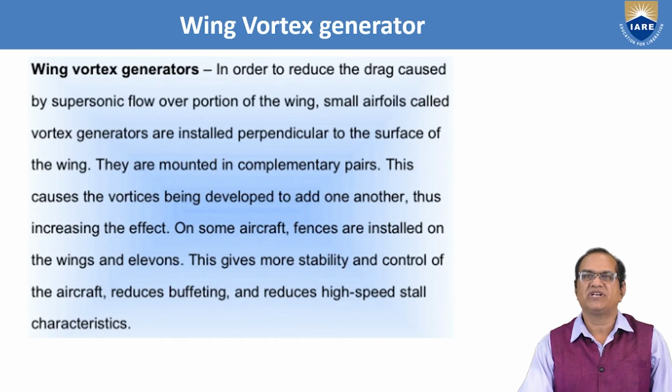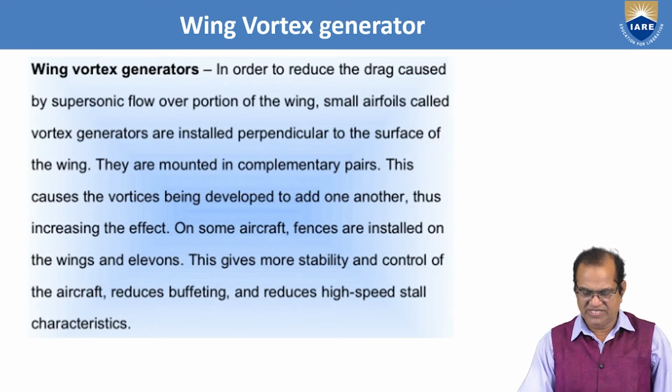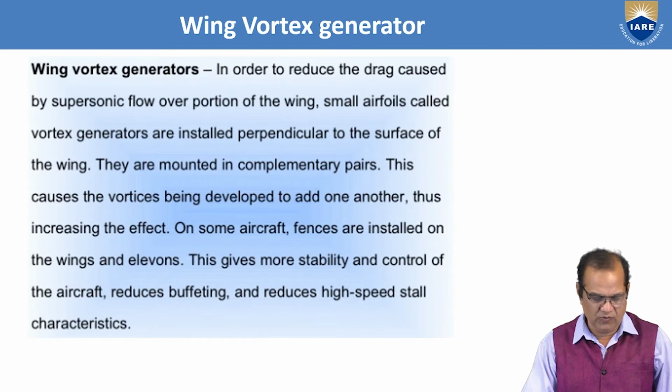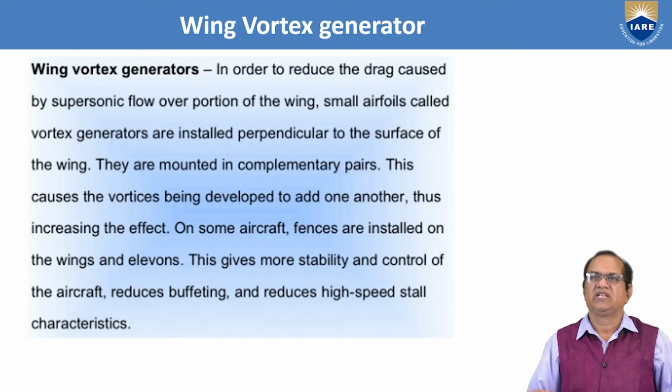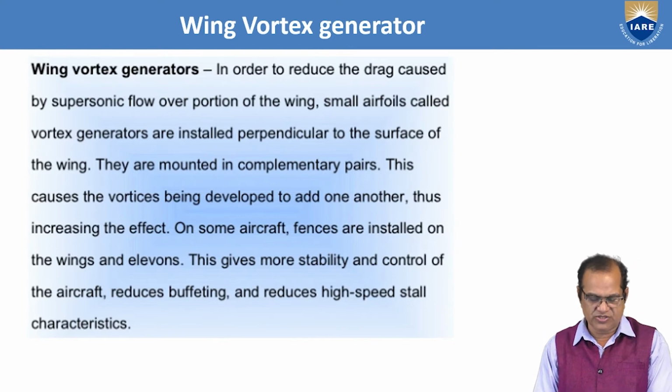This causes the vortices being developed to aid one another, thus increasing the effect. On some aircraft, fences are installed on the wings and the ailerons. This gives more stability and control of the aircraft, reduces buffeting and reduces high speed stall characteristics.